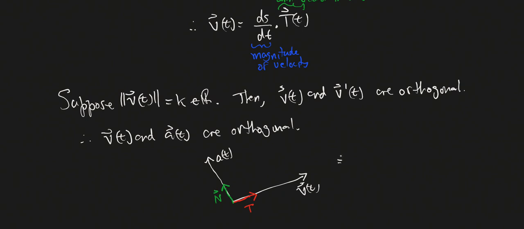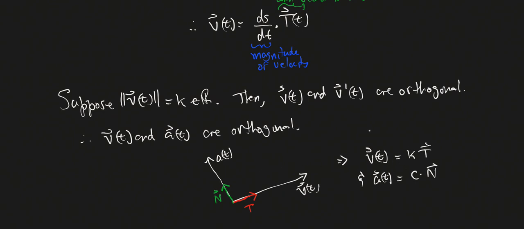But this implies that our v of t in this instance is some scalar times the unit tangent vector, and the acceleration vector is some other constant times the principal unit normal vector, right?